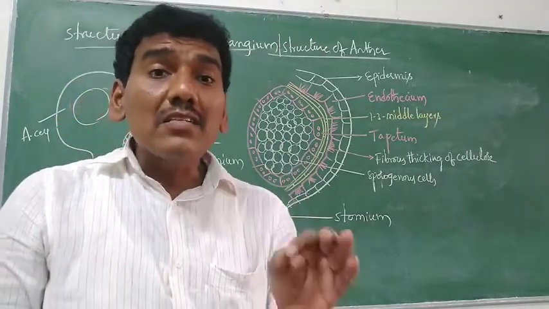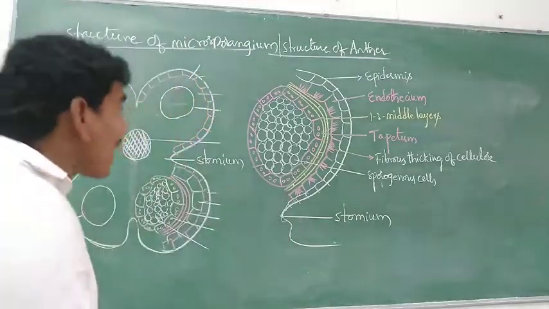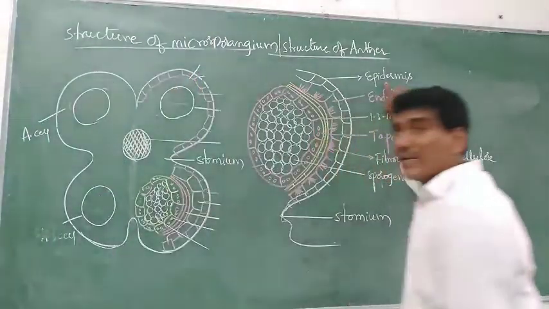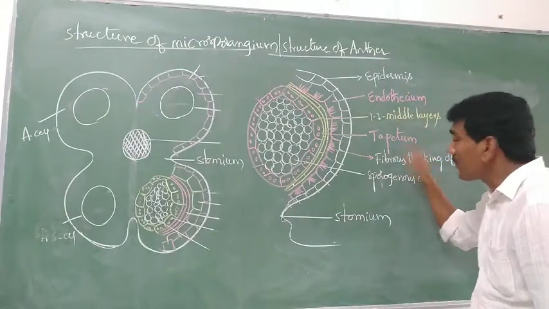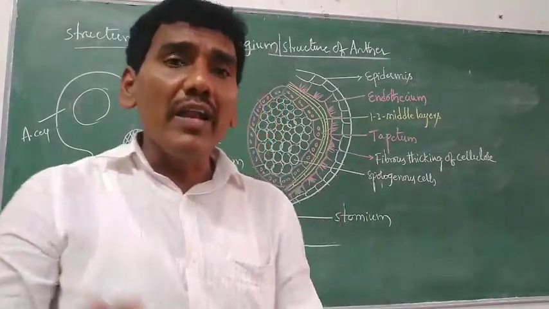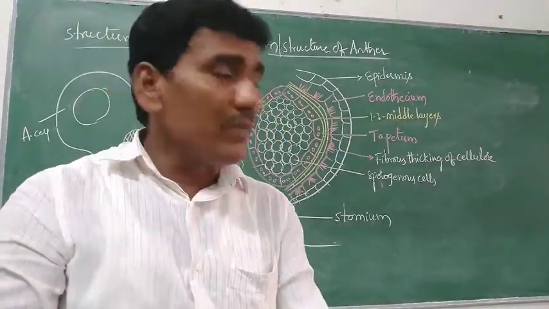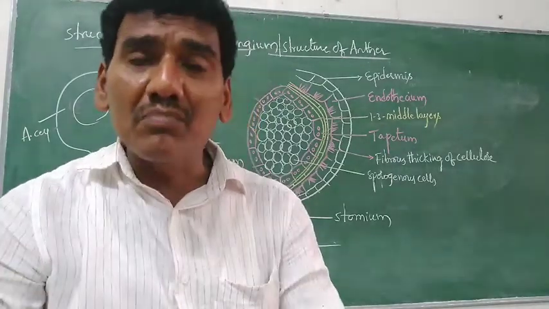The anther is surrounded by 4 wall layers: epidermis, endothecium, middle layer and tapetum.